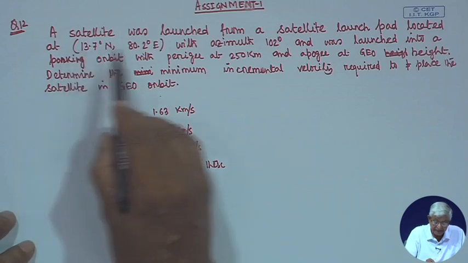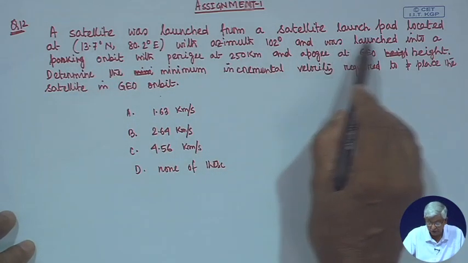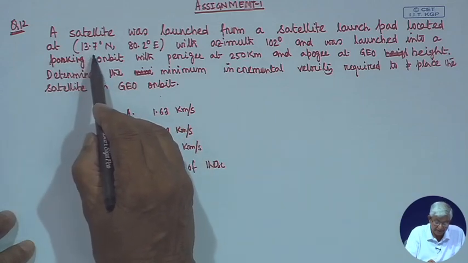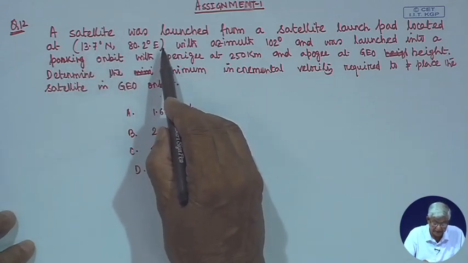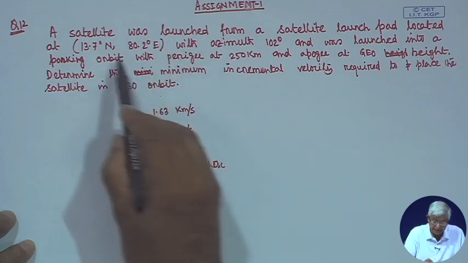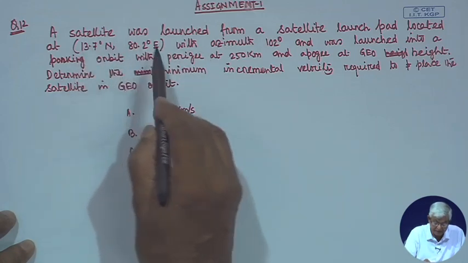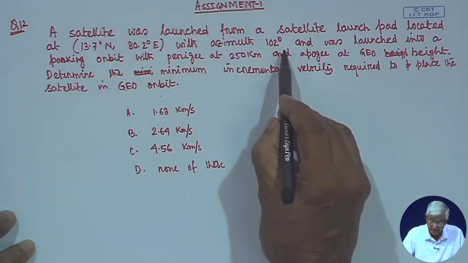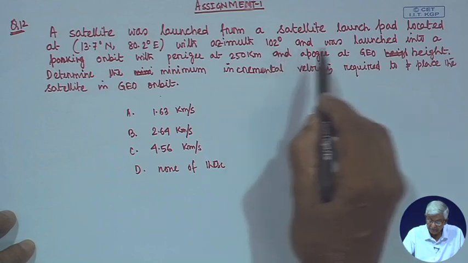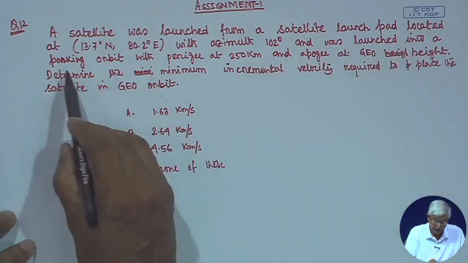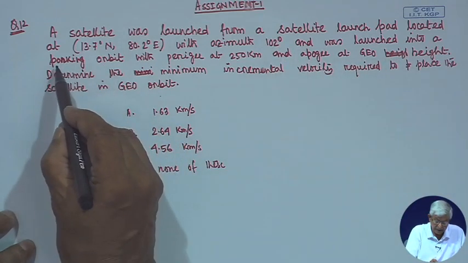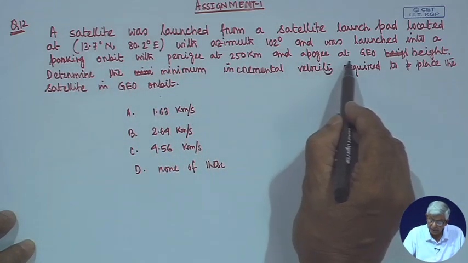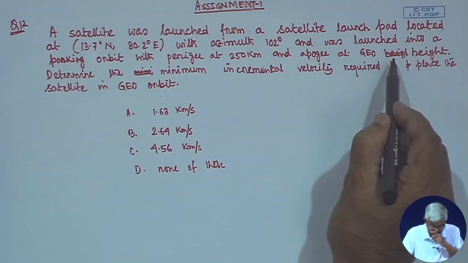That is, a satellite was launched from a satellite launch pad located at 13.7 degree north, 80.2 degree east, which seems to be our Satish Dhawan Space Center coordinate, with an azimuth of 102 degree, and was launched into a parking orbit with a perigee of 250 kilometer and apogee at GEO height.